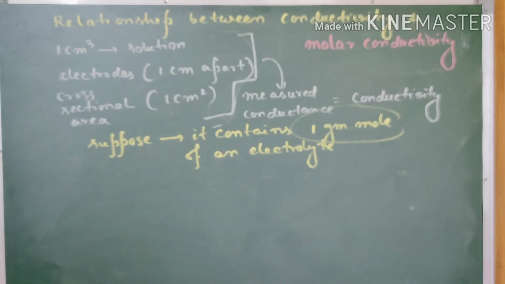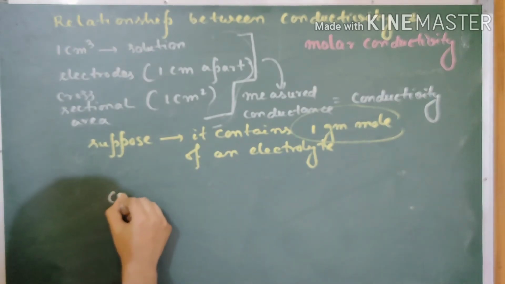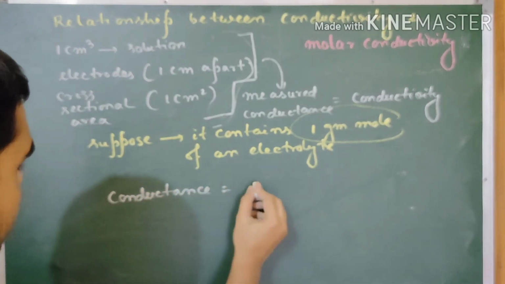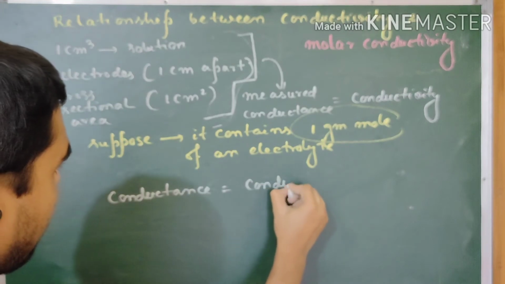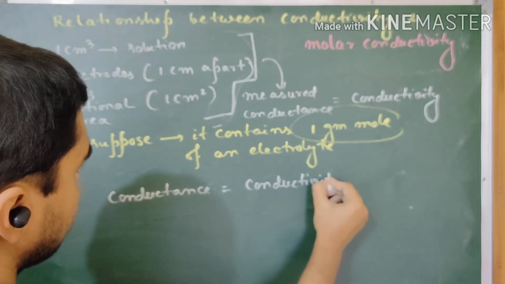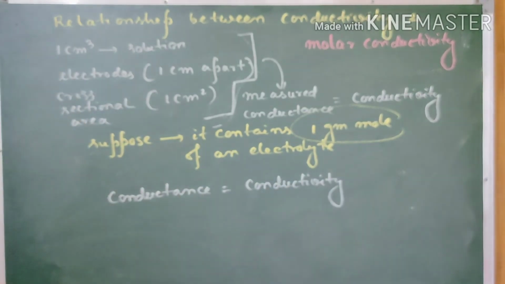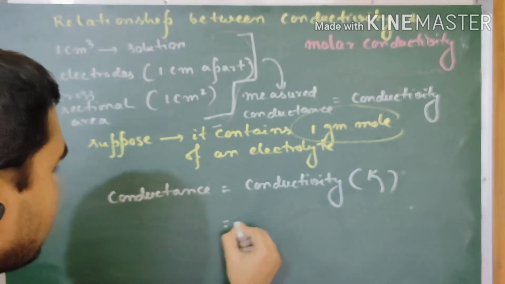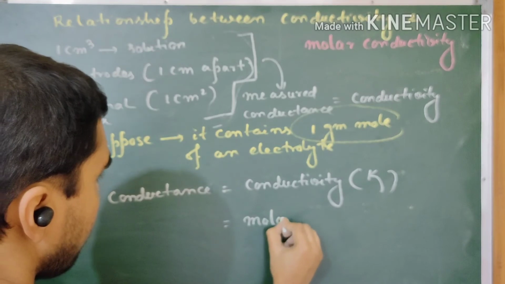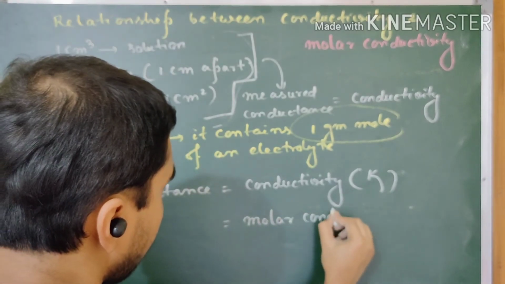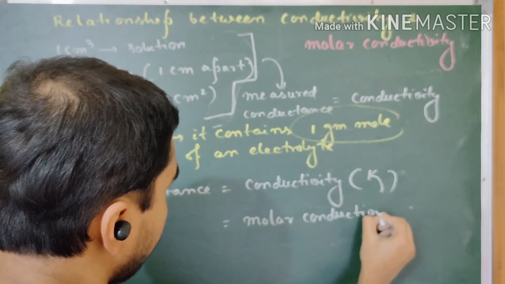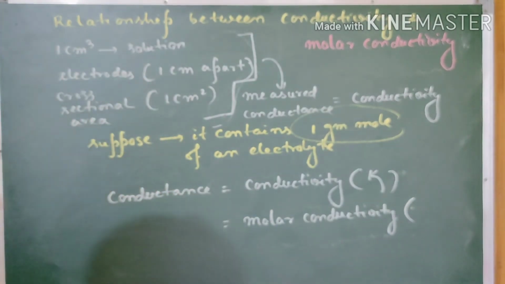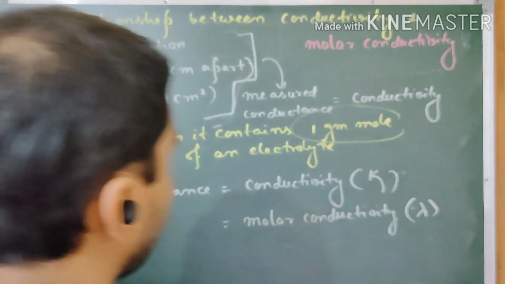So we should be writing that the conductance is equal to conductivity, which is kappa, is also equal to molar conductivity, which is lambda.